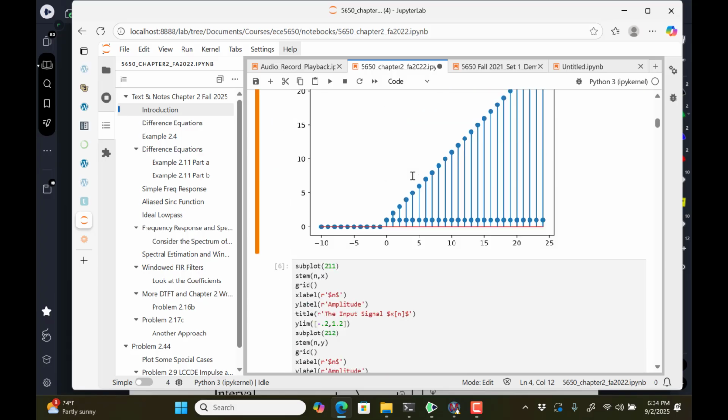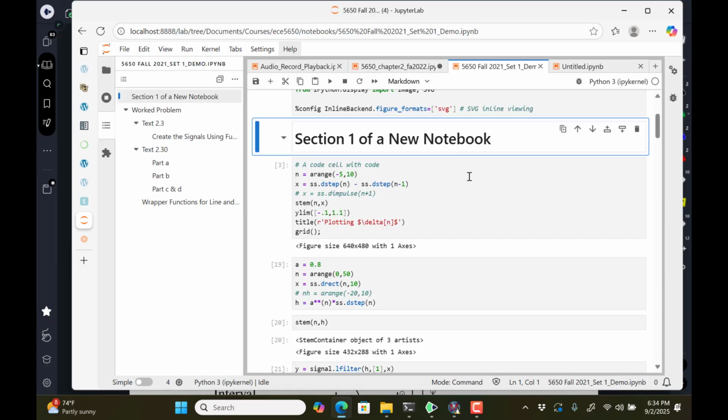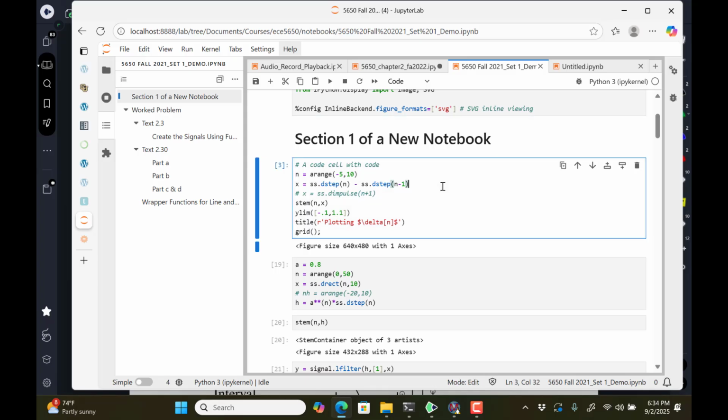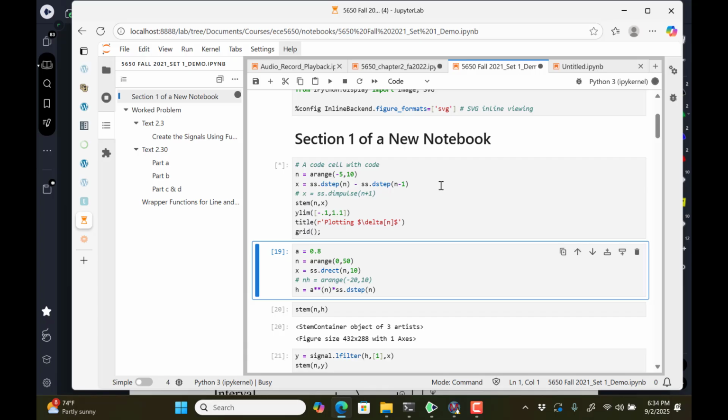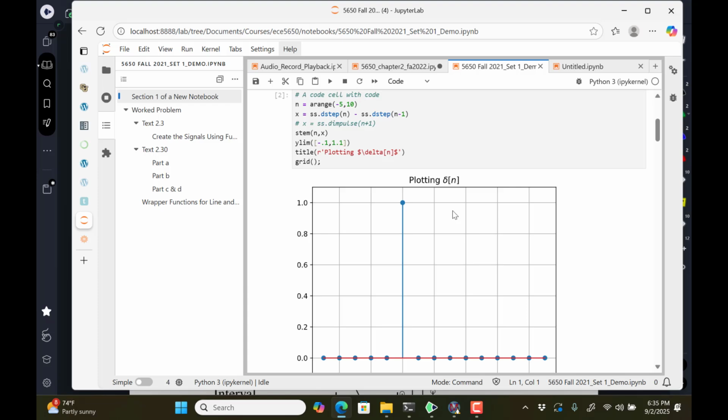Like in this notebook over here, I did a nice little example where I said, let's create the difference between two step functions, a step function that starts at n equal 1.